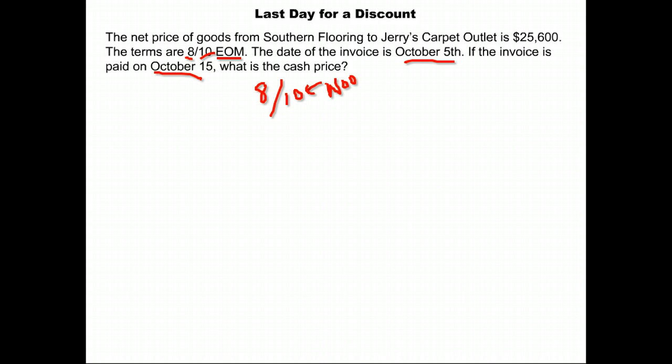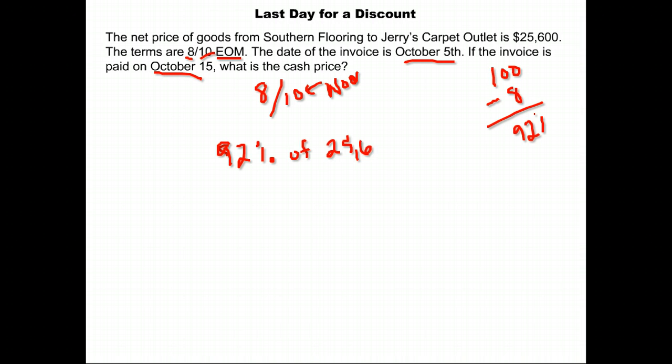And they paid on the 15th of October. So they were well within the guidelines. So yes, they get the cash discount of 8%. So let's go ahead and use the complement method again. If they get 8% off, what percent are they paying? Okay, so we take from 100 and find that they are paying 92% of the $25,600.